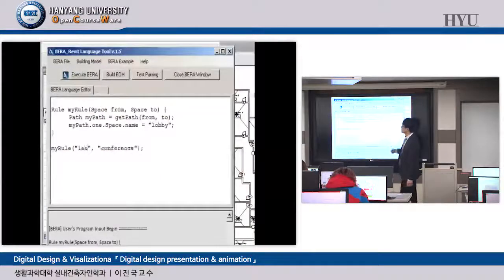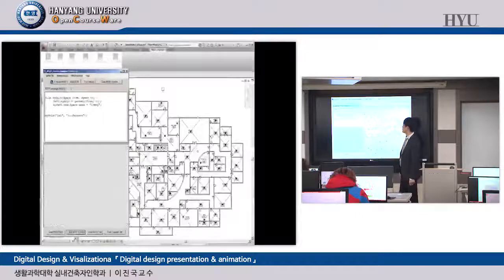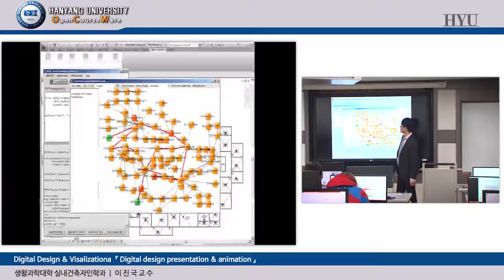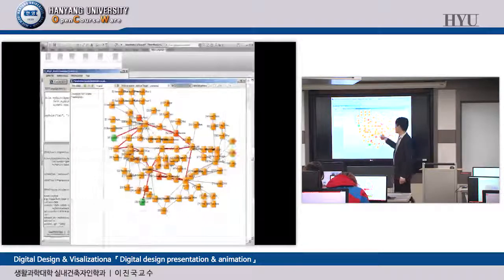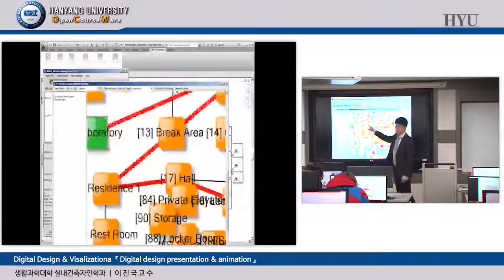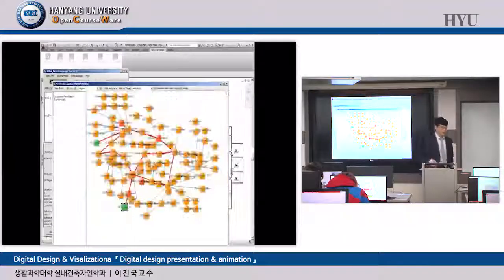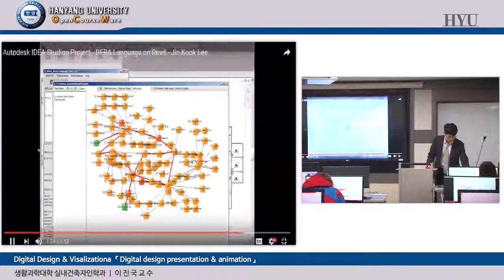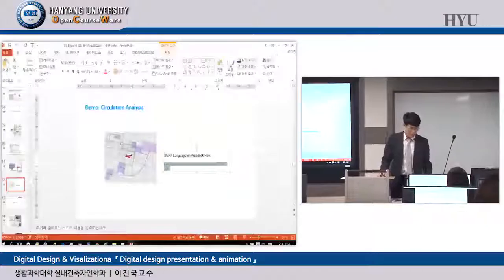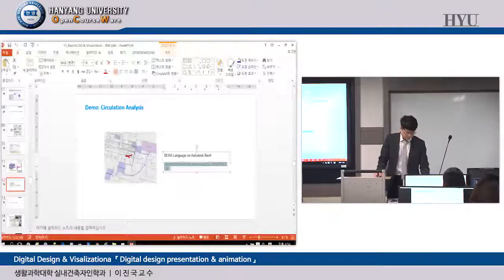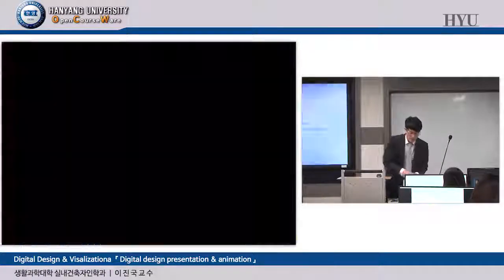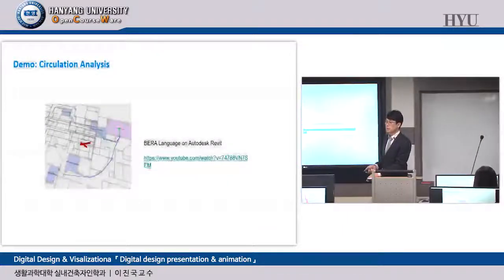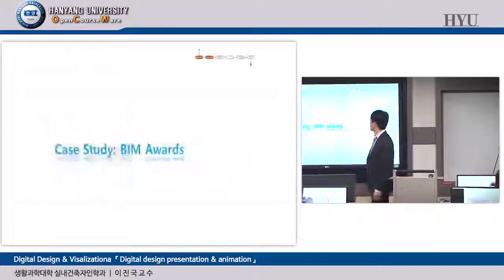And the green color, they are office spaces. So now, the circulation between lab and conference, you can visualize this topology. Okay, so this kind of thing can be done by the rich information defined in the BIM model.